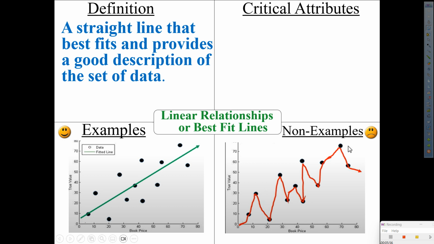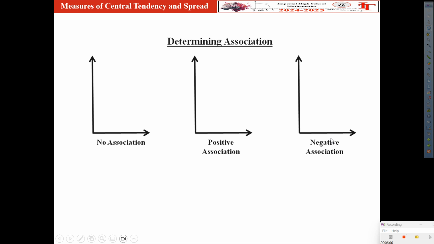All right, press submit, please. So from there, once again, no notes. I want you to show me no association, positive association, negative association on your screen. Start putting some points on the screen. Go.